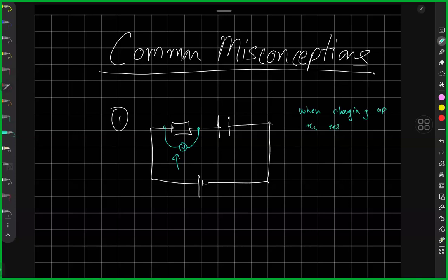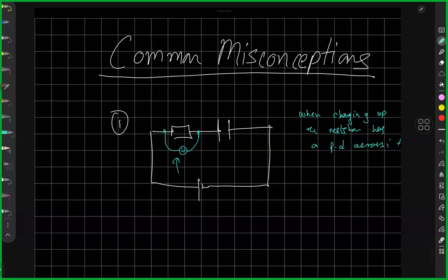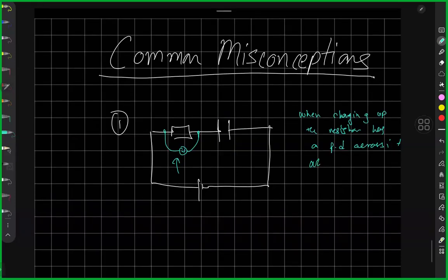But when it is completely charged, there is no potential difference across the resistor.